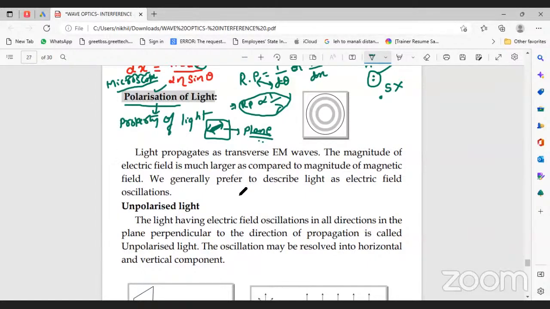Suppose the vibrations are in all the directions: vibrating into the board, vibrating out of the board, so all possible directions are there. If the vibrations are in all the directions, then it is said to be unpolarized light.